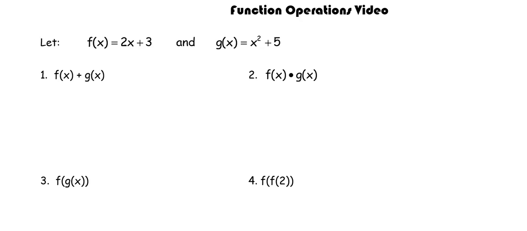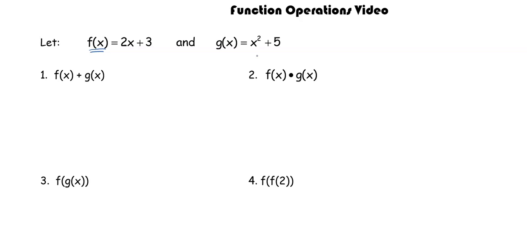Today's video is going to be on function operations. We're going to start off by reviewing, and function operations is actually nothing new with the operations. We're just looking at it a little bit differently. So we're going to say let f of x be 2x plus 3 and let g of x be x squared plus 5.